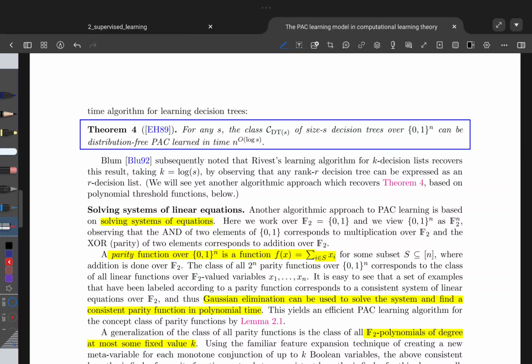So now we've seen two different ways of learning two different classes of functions. In the case of DNFs or CNFs, or KCNFs or KDNFs, one approach was this elimination technique, and now for the class of decision trees, there's some other approach. Let's treat that as a sort of a black box. Eventually, both the approaches are the same. Correct.